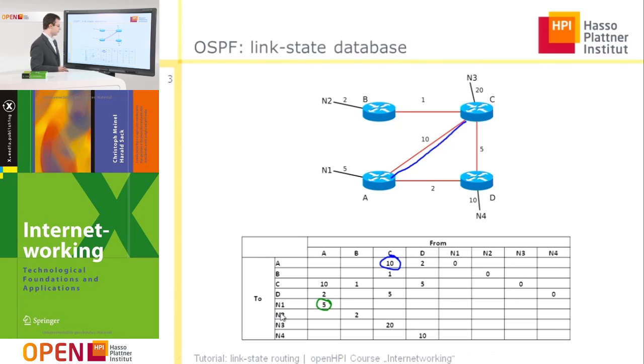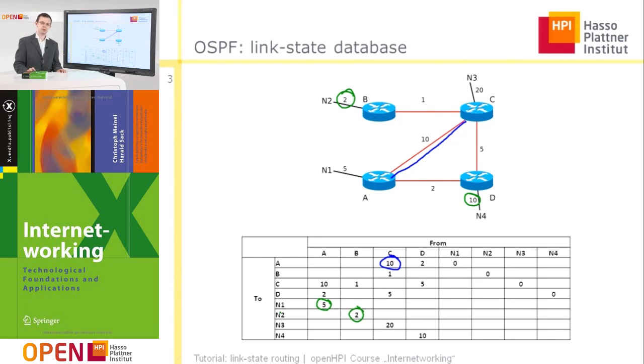From router B to network 2 has a cost of 2. From router C to network 3 has a cost of 20, and similarly for router D. The cost for the link from router D to network 4 is 10.